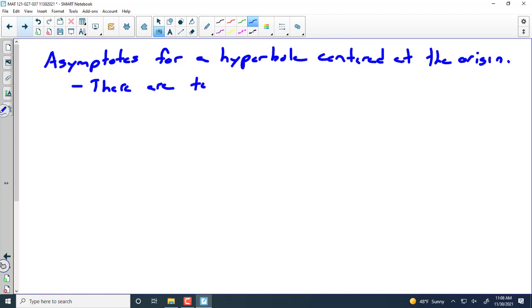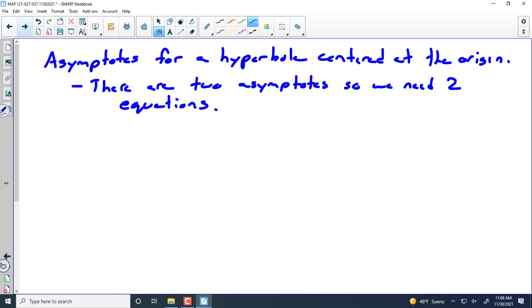There are 2 asymptotes, so we need 2 equations. If we want to tell someone what the asymptotes are, we need to give them 2 equations.